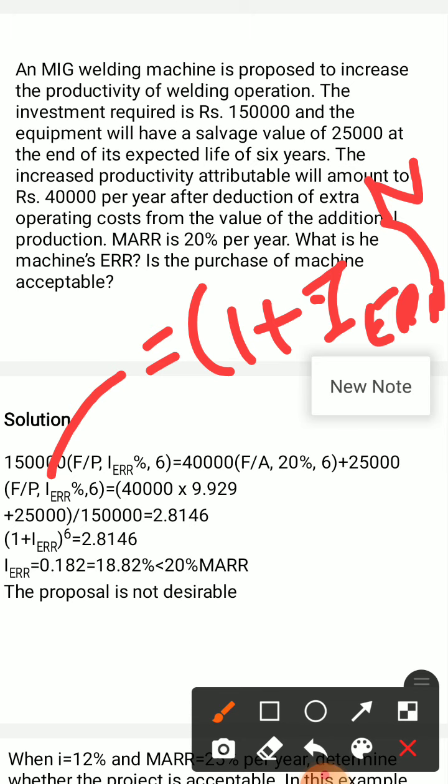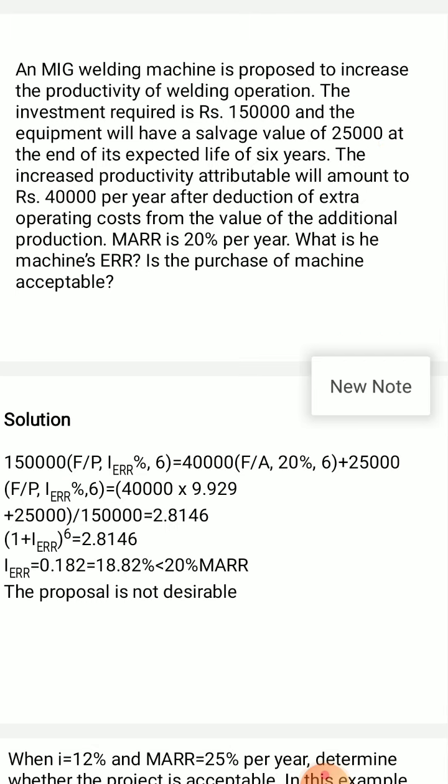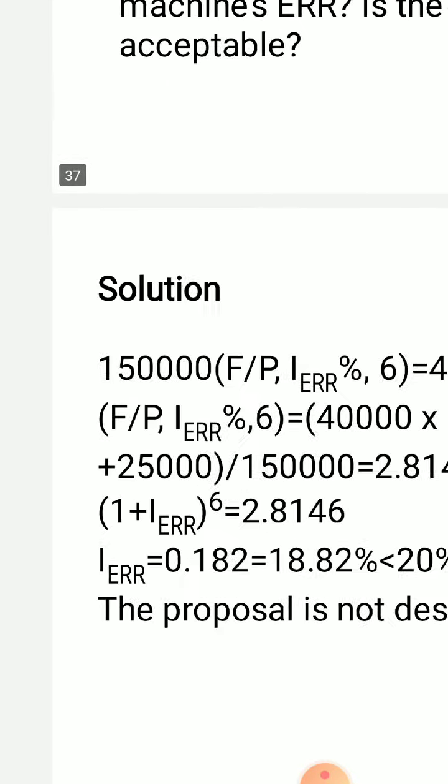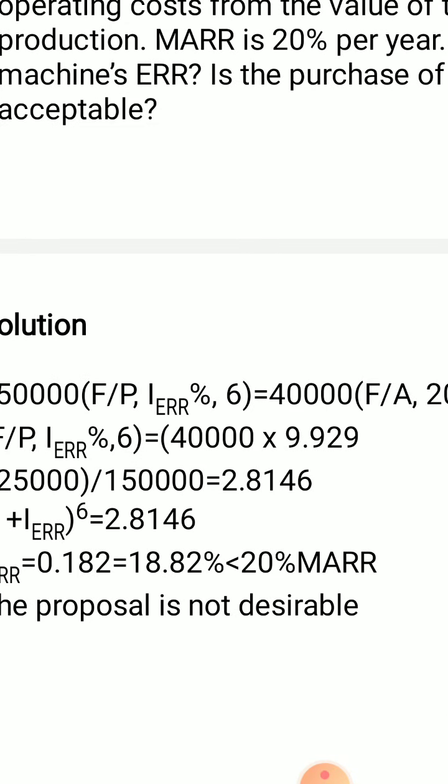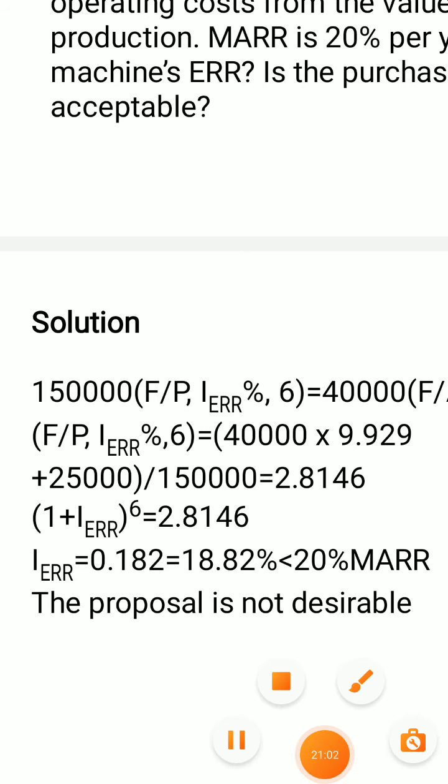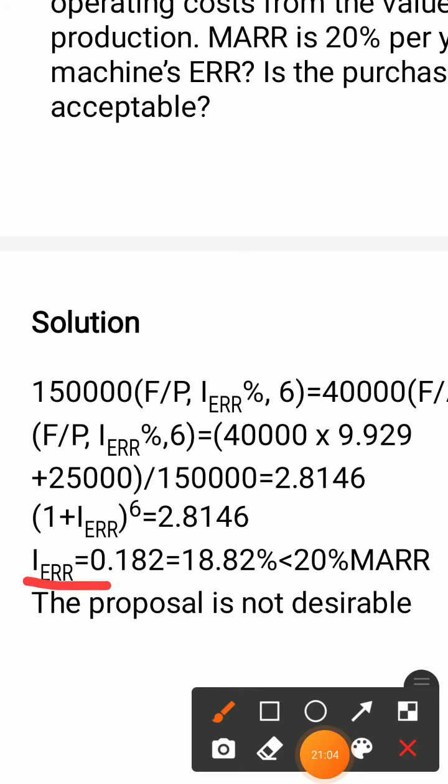Now this IERR is unknown to us, but n is known to us as 6 years, and this is 1. We simplify this equation like this, and find out IERR.